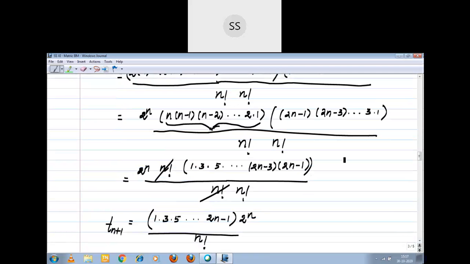N into n minus 1 into n minus 2, etc., up to 2 into 1 is nothing but n factorial. So one n factorial cancels. We arrive at the result they are expecting. That is Tn plus 1 equal to 1 into 3 into 5, etc., up to 2n minus 1 into 2 to the power n divided by n factorial.